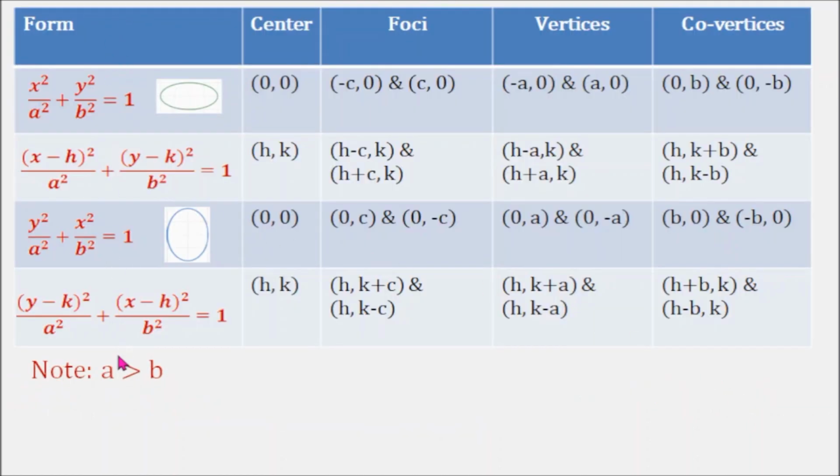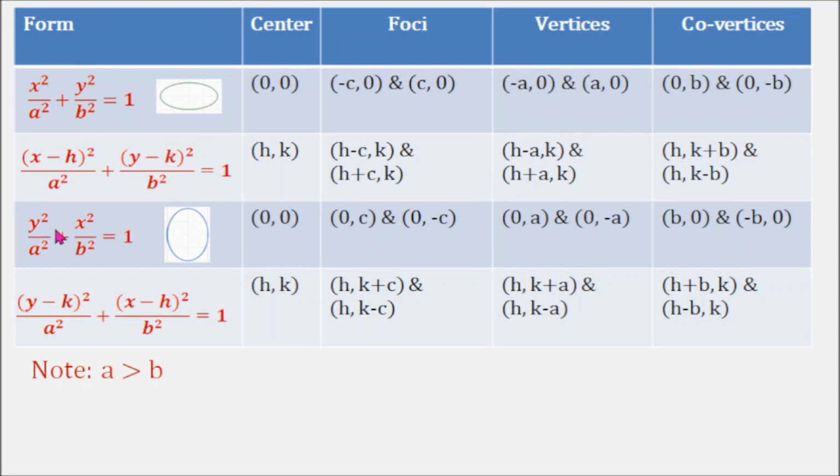So this table shows the 4 forms of our ellipse: the center, the foci, the vertices, and the co-vertices. So if our equation starts with x squared, like the first and the second, our ellipse is elongated horizontally.